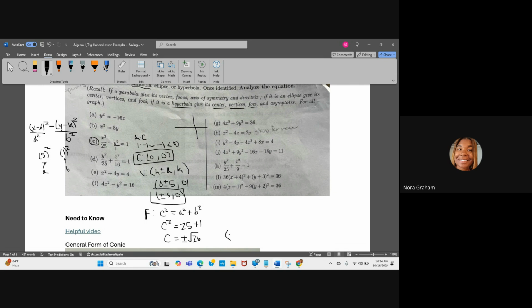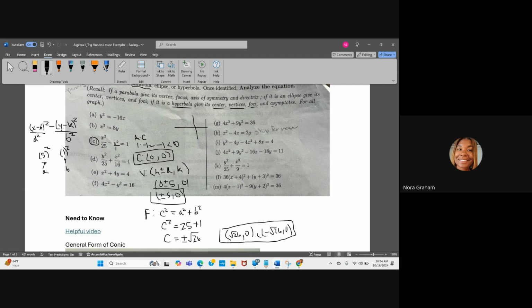So those 2 points are going to be square root of 26, comma 0, and negative square root of 26, comma 0. Okay. So those are my 2 foci. We're going to graph this at the end.